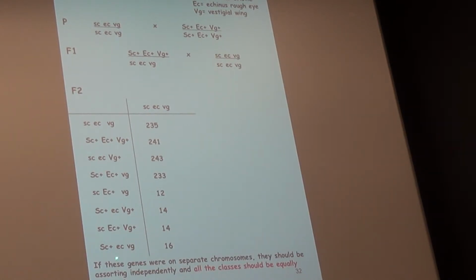Okay? So if these genes were on separate chromosomes, they should assort independently. If you were analyzing three genes at the same time, all of these numbers would be equal. So imagine when you are looking at something that looks like this, you basically eliminate the third class, you add the numbers up, like we did before.